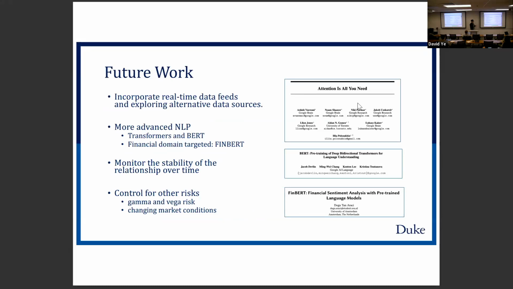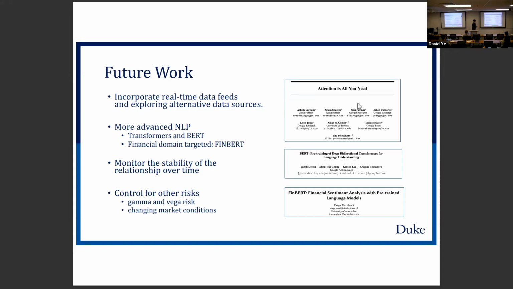So which brings us to some areas we want to focus on. We are interested in bringing in additional data feeds and also to see if there are ways to bring in additional NLP models to improve our sentiment scores. We want to get a better understanding of the dynamics of the implied realized volatility spread.